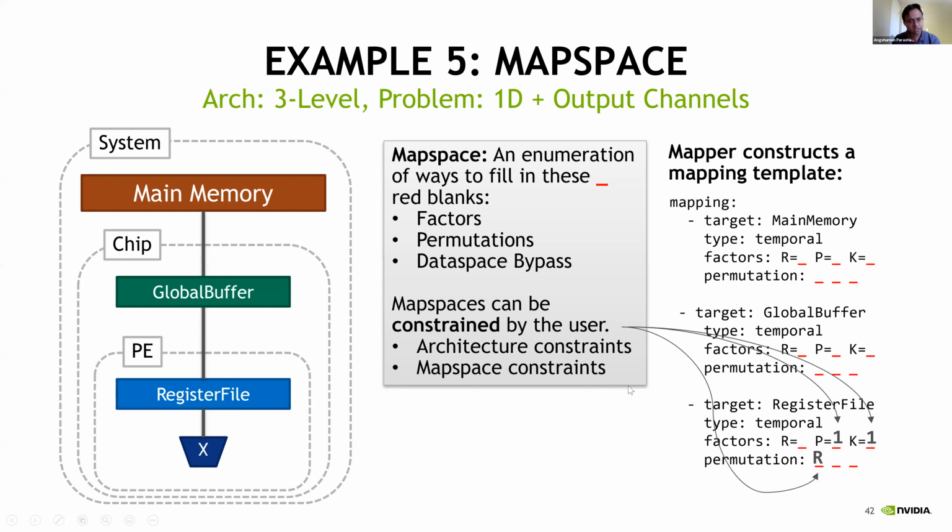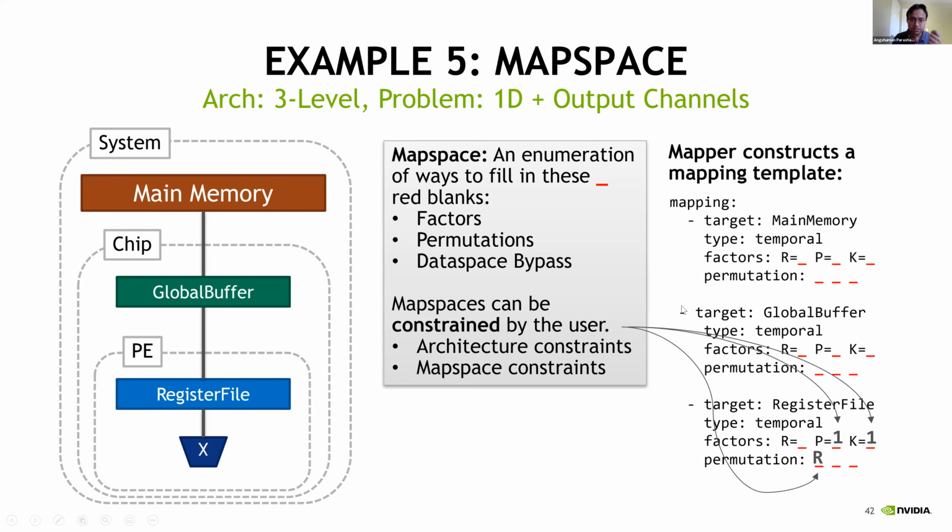In addition to those architecture constraints, often users provide what we call map space constraints. They are where the user is using their intuition to constrain the search space for the mapper. Because despite these architecture constraints, some architectures are still so flexible that their map spaces are huge. And so users often constrain the search space to make searching for the optimal mapping a more tractable problem.